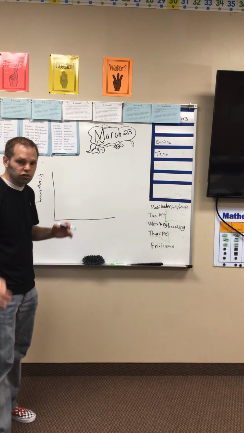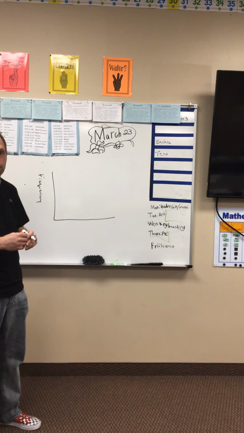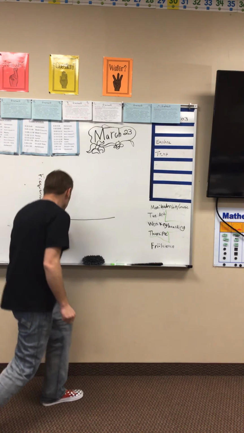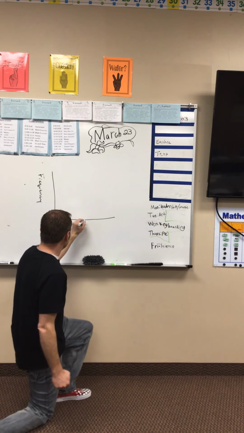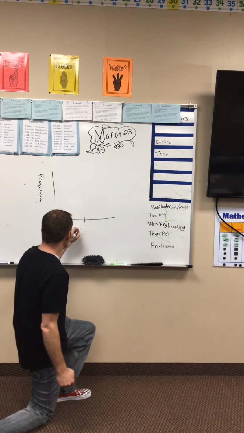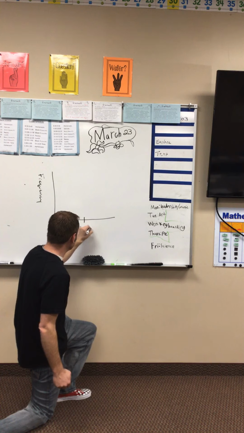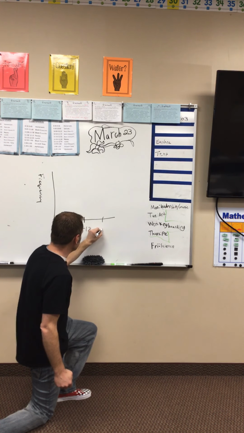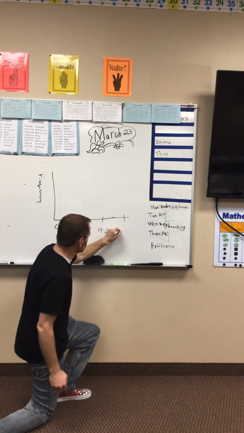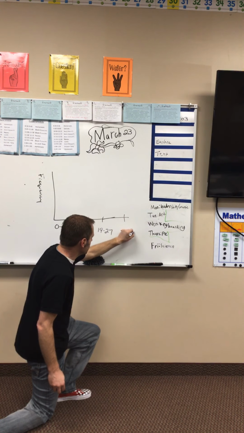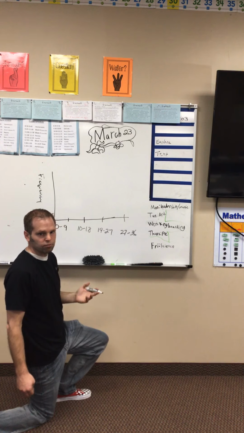What I did is I took your data and I broke it up into groups. I wanted to know how many students scored 0 to 9, how many students scored 10 to 18, how many students scored 19 to 27, and then the final one was how many students scored 27 all the way up to 36, which was a perfect score.